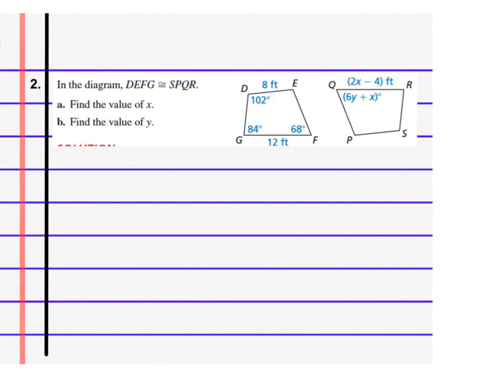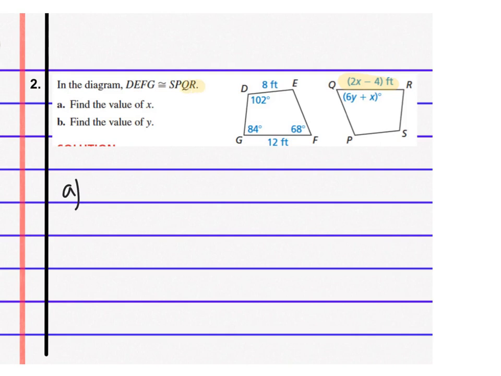All right, I'll give you a second to set up problem 2 as I read it. If you need to pause it, go ahead. In the diagram, DEFG is congruent to SPQR. Part A, find the value of X. Let's start with X. I know they're congruent. So right here, this side is congruent.